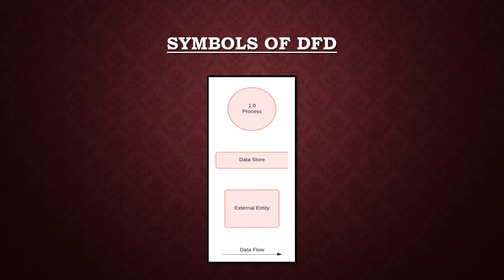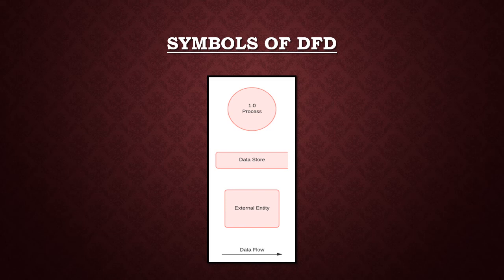Now these are the graphical representation of all the symbols that we are using in data flow diagram. The first one represents the process. This oval shape denotes the process in the DFD that is used to transform the incoming input into the outgoing output. The second one is the open rectangle, that is representing the data storage.